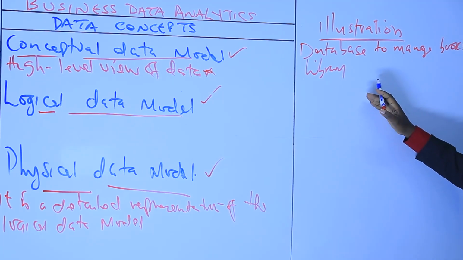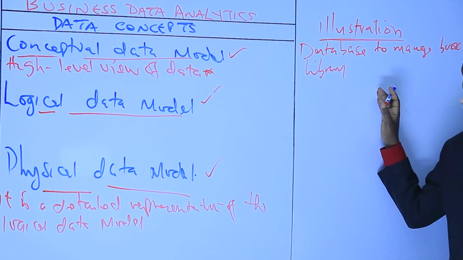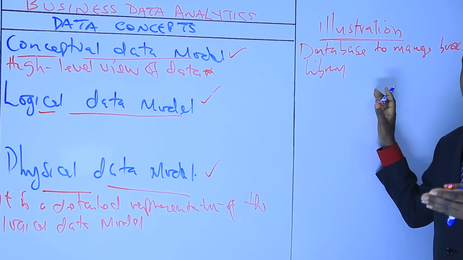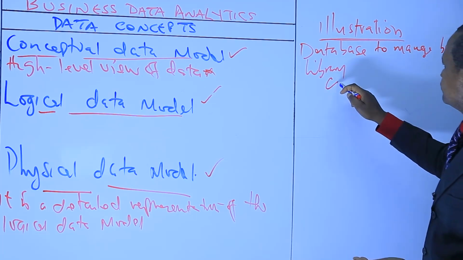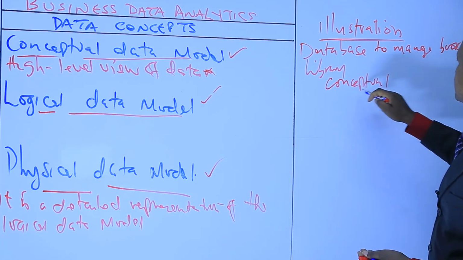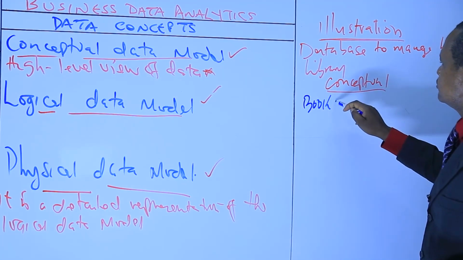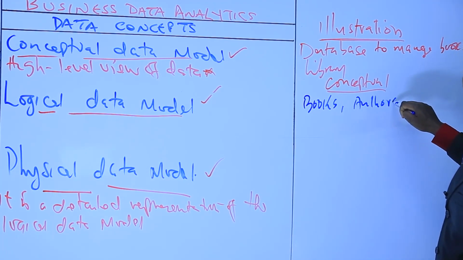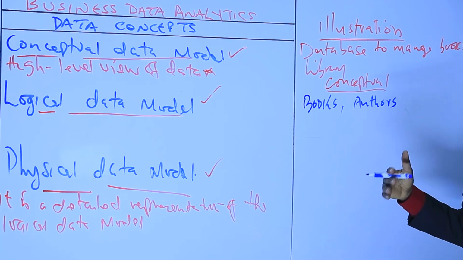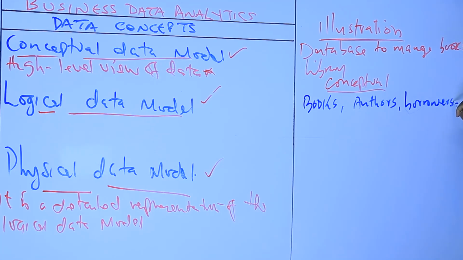And in this library, for example, the conceptual data model will include entities like books, or variables like authors, all right? We may have books, we may have authors, we could have entities like borrowers of books.